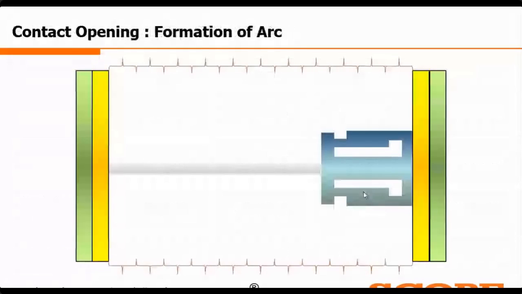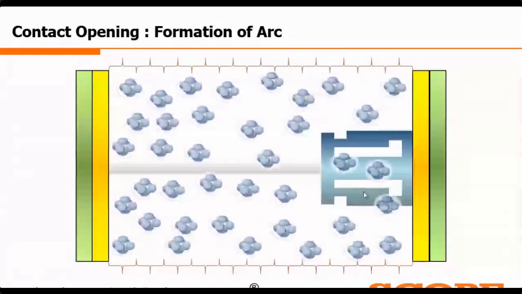Now, for example, let us see the site condition of the circuit breaker. We all know this is the circuit breaker in closed condition, and the SF6 is there in the SF6 gas compartment.